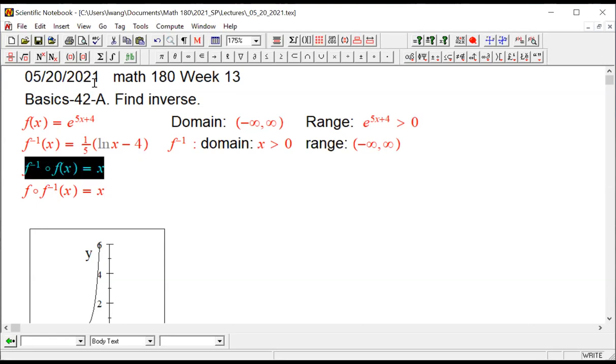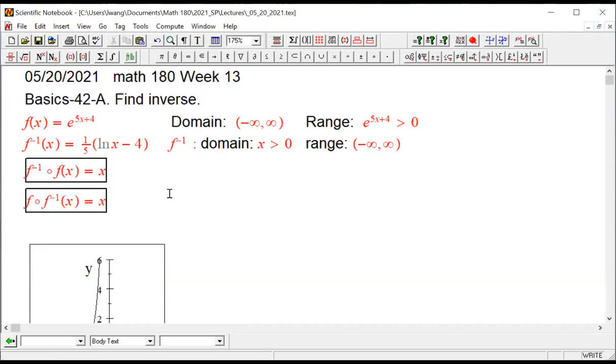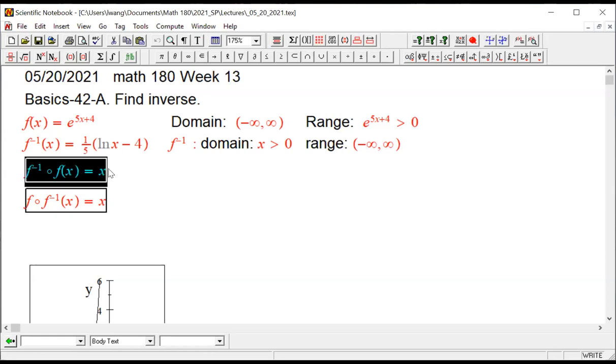So these two properties are universal for any pair of inverse functions to each other. First we're going to check that this is true for our situation. But before we check that, we need to understand how this works.